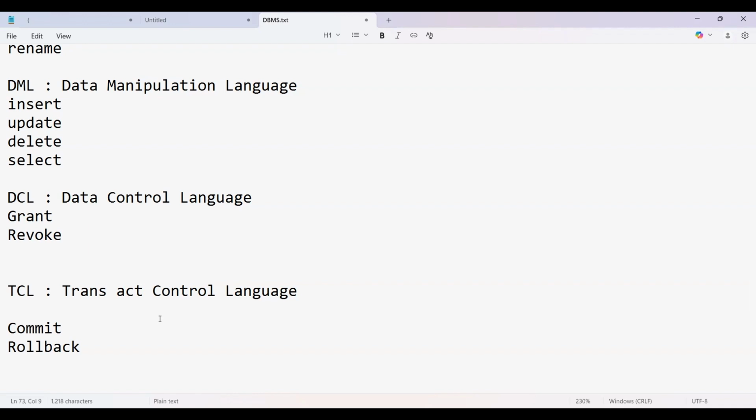So these two commands come under transaction control language. Among these four layers of commands, the last two are basically used by database administrators, and the first two are important for being a developer or an analyst.